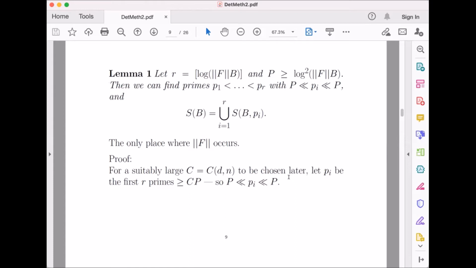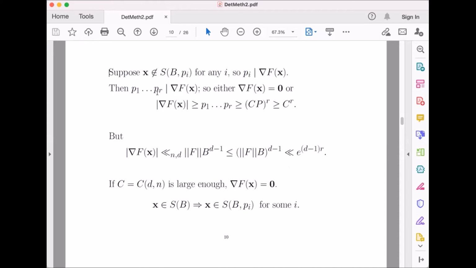How do we prove this? Well, we choose a suitably large constant c, depending only on d and n, to choose later specifically, and we just choose the primes p_i to be the first few primes bigger than c times capital P. And because capital P is at least the square of r, these first r primes will all be of order capital P. Now let's suppose we had an x that wasn't in any of the sets S_B,P_i.